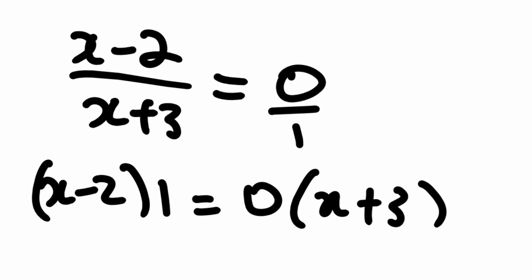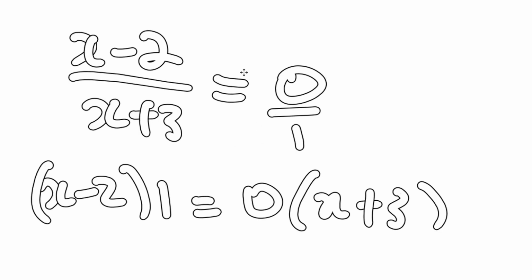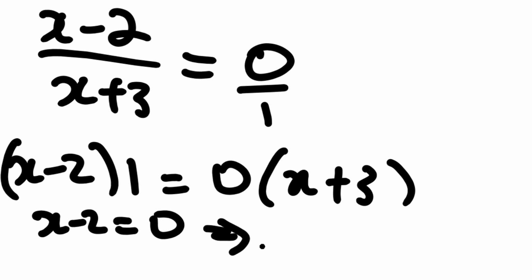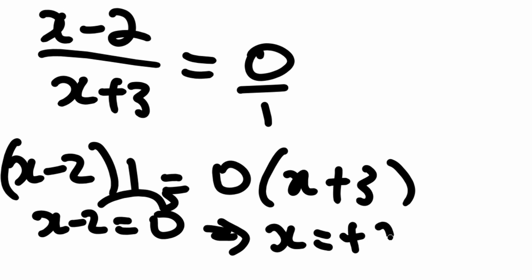So what we'll do now is solve for the value of x. So we have x minus 2 equals to 0, because x minus 2 times 1 is the same as x minus 2, and 0 times any number is still 0. So that will lead us to have x is equal to negative 2 moved to the other side, which becomes positive 2.